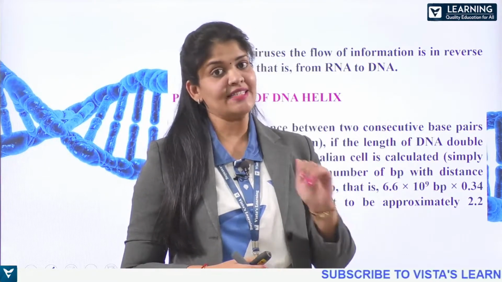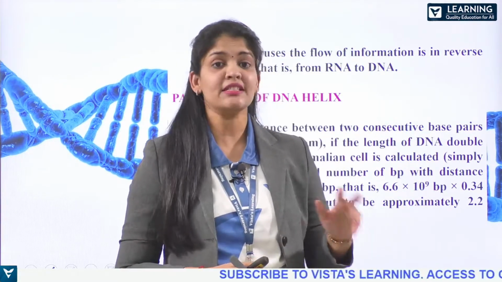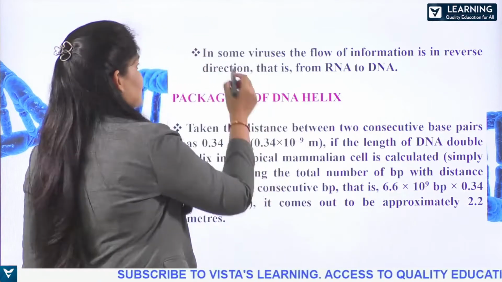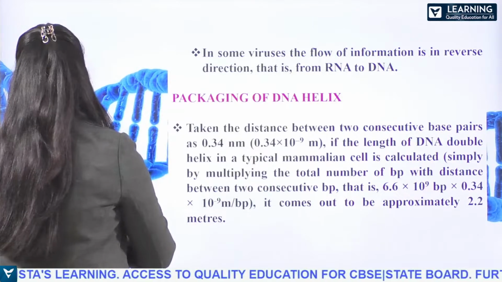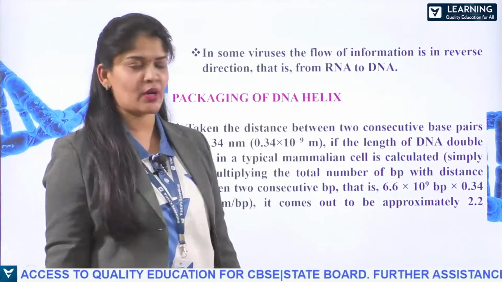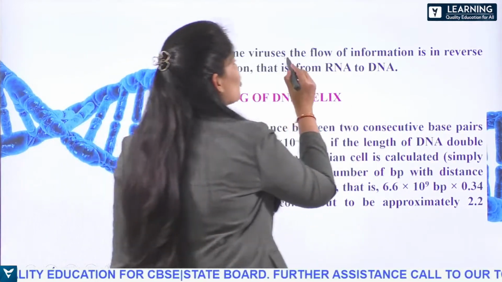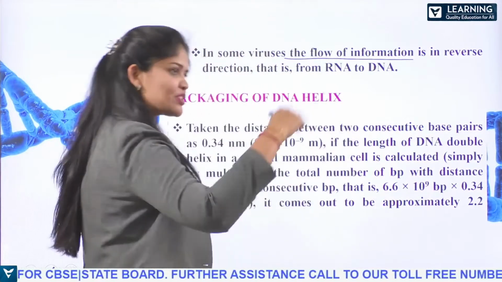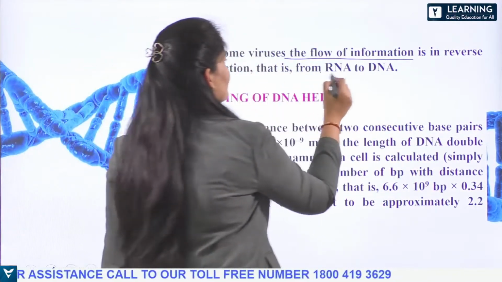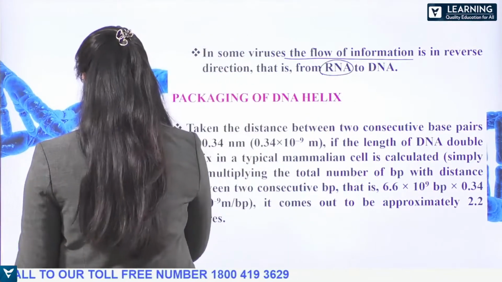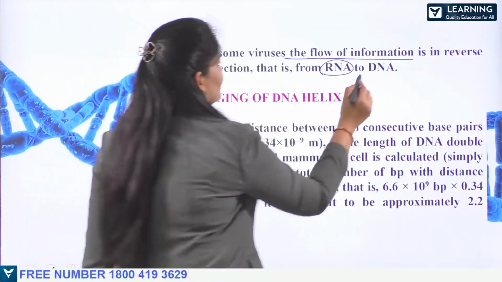But as RNA acts as genetic material in some viruses, like coronaviruses, HIV, retrovirus, rhinovirus, the flow of information is reversed, because the information is stored in the RNA and has to flow to DNA.